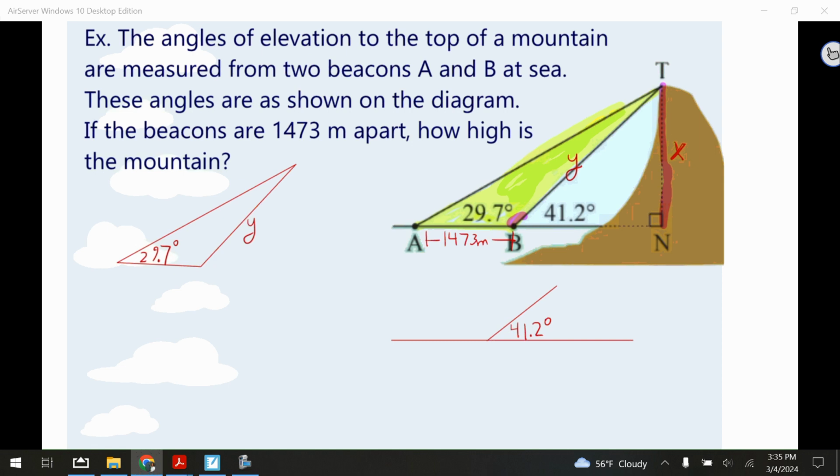I know any angle on a straight line has to add up to 180 degrees. So all I have to do is 180 minus 41.2 to find this angle, the angle that's inside of that yellow triangle.